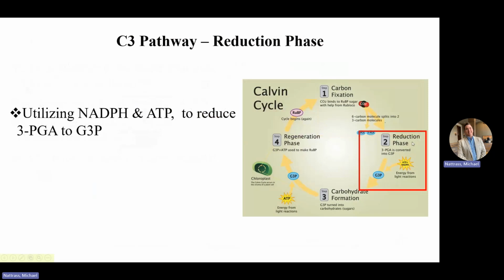Moving into phase 2, the reduction phase, this is where ATP and NADPH reduce 3-PGA to G3P. NADPH and ATP from the light reactions are going to reduce 3-PGA to G3P.